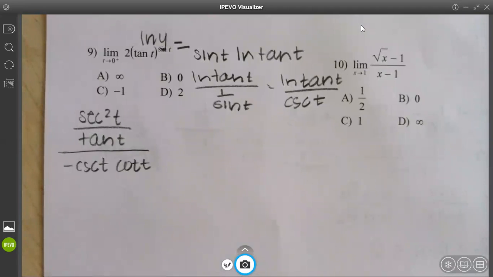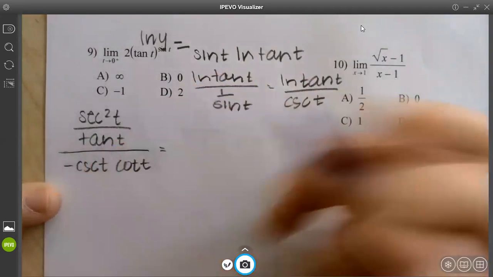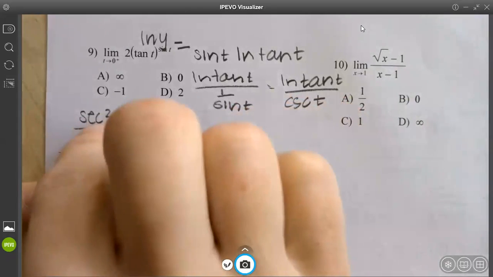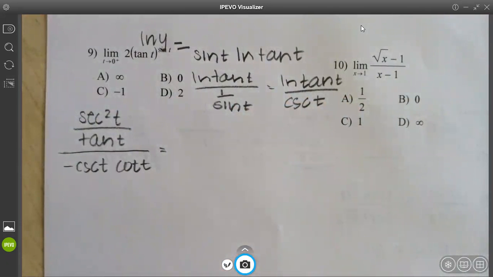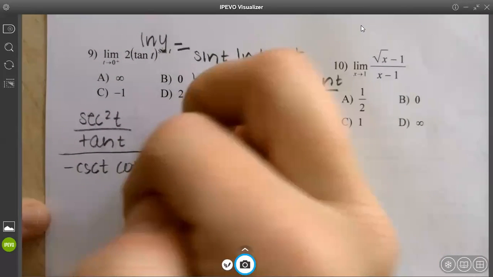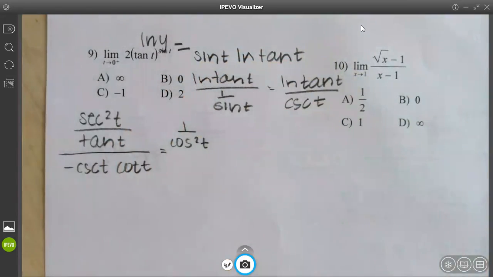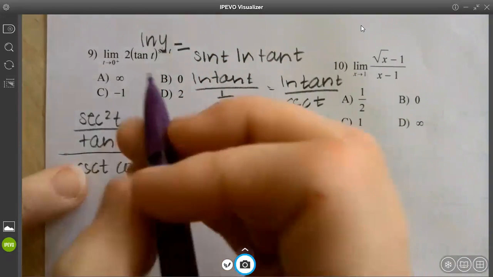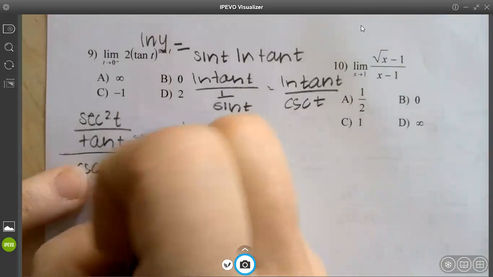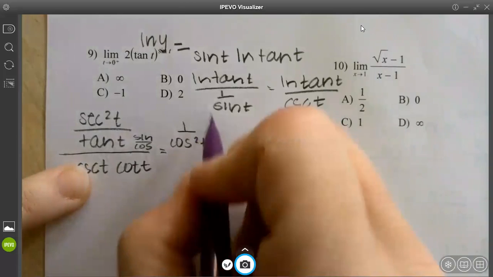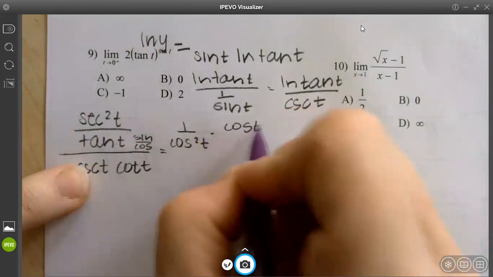All right, what is secant squared? Secant is 1 over cosine, that's what I needed. 1 over cosine squared t. What is tan? It's sine over cosine, but instead of dividing by a fraction, we flip and multiply.